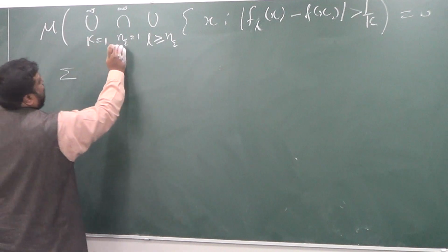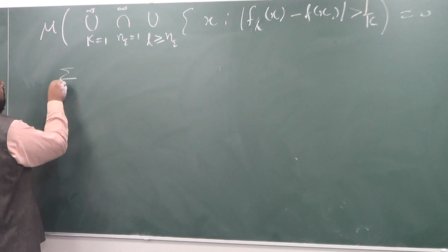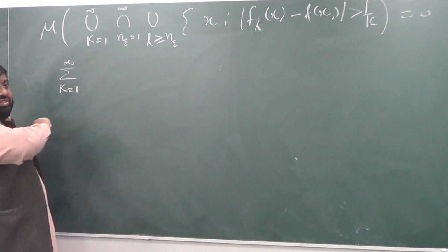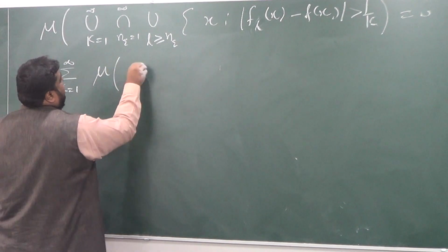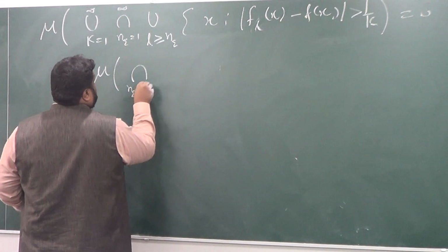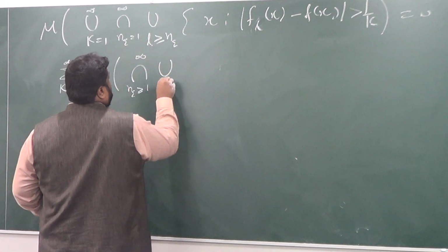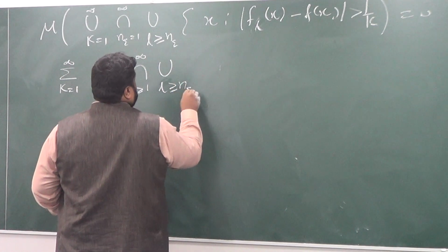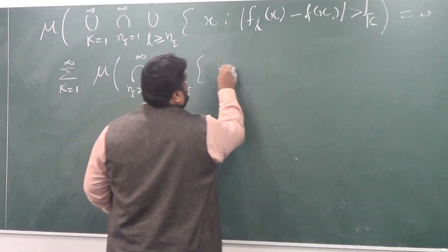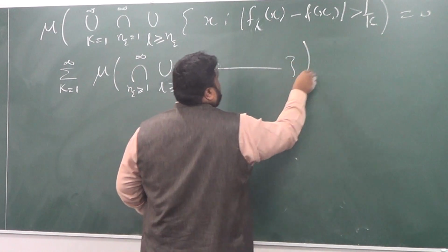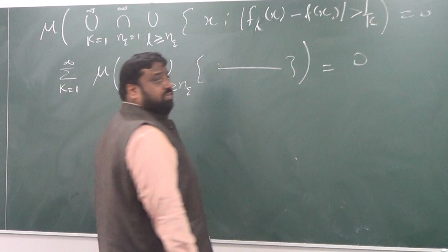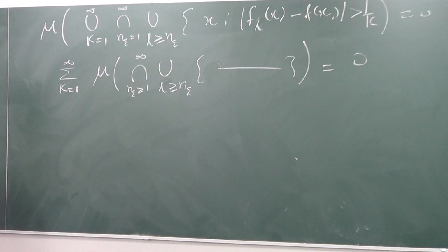The measure of the union of these sets is less than or equal to the sum over k equal to 1 to infinity of the measure of the intersection over n epsilon bigger than or equal to 1 of the union over L bigger than or equal to n epsilon of x, that was the same quantity, equal to 0. Agree?